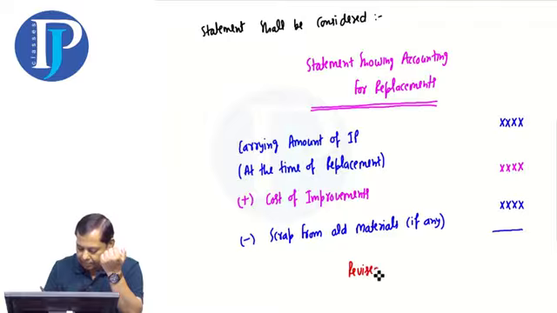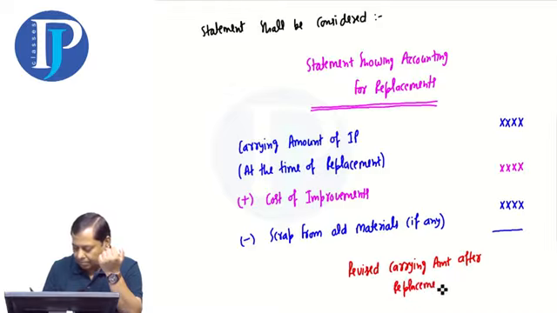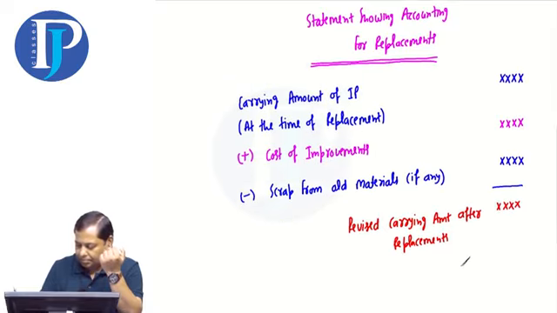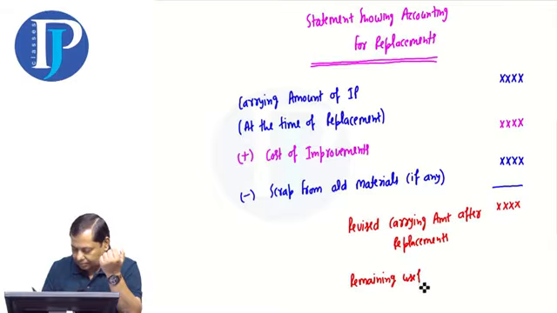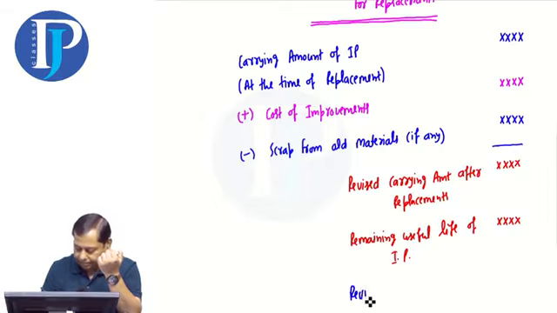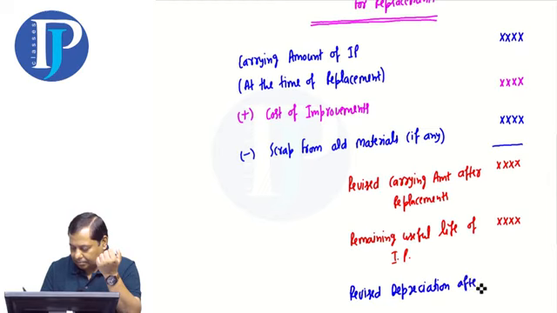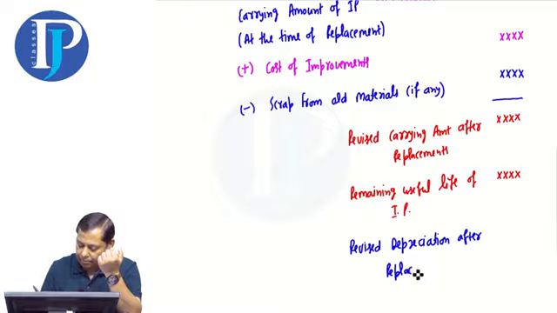Now here, the revised carrying amount, divided by the remaining useful life, will be the revised depreciation after replacements.